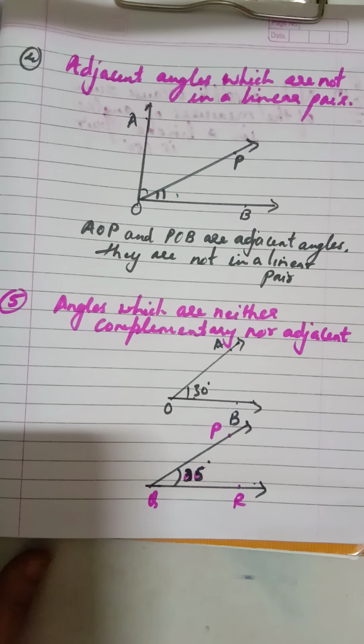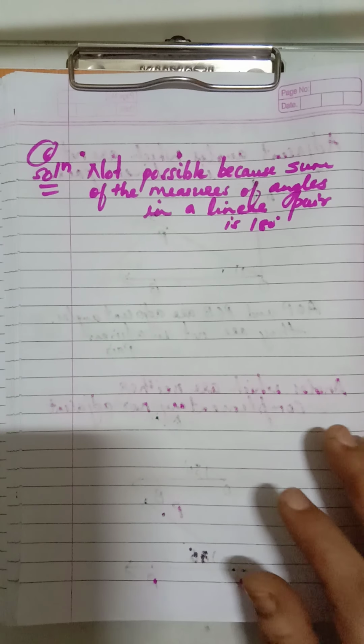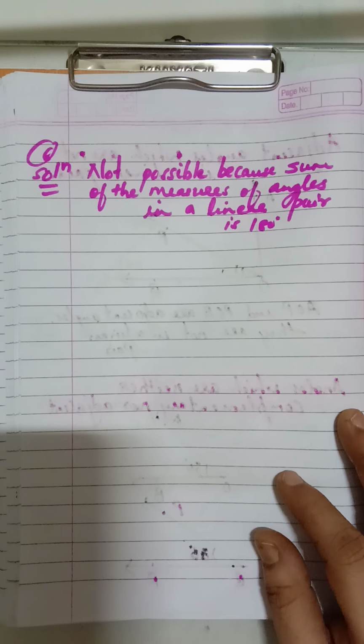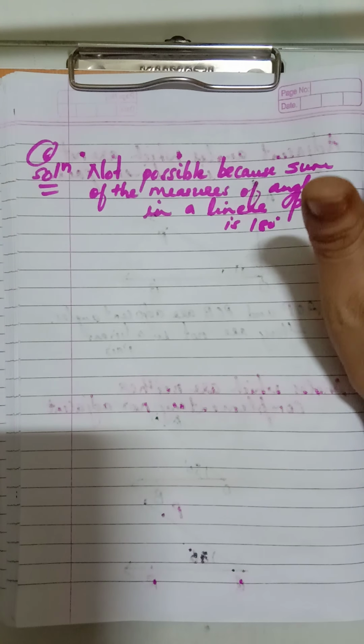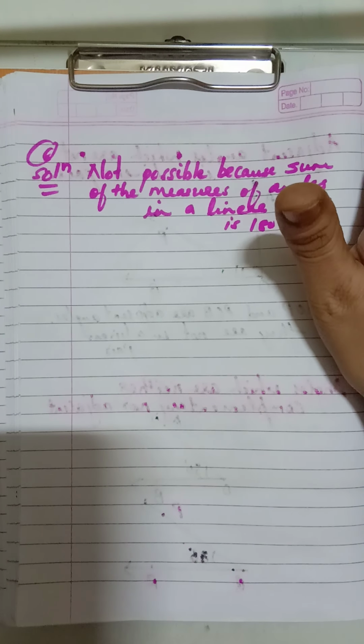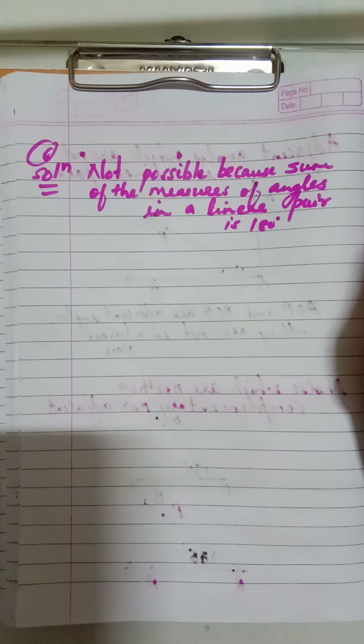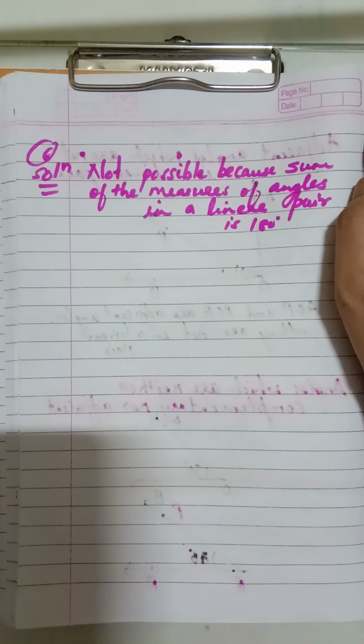Now let's move to the last question. Last question is, children, angles in a linear pair which are complementary. So just now, children, I have explained that angles in a linear pair are supplementary, that is 180 degrees. So it is not possible that angles in a linear pair will be complementary.